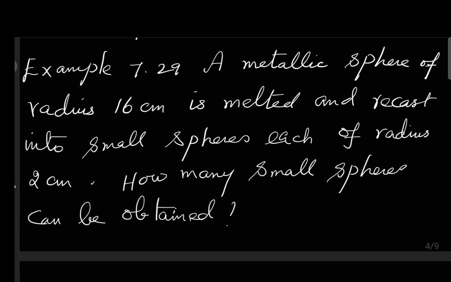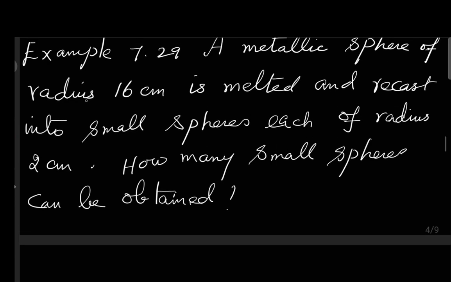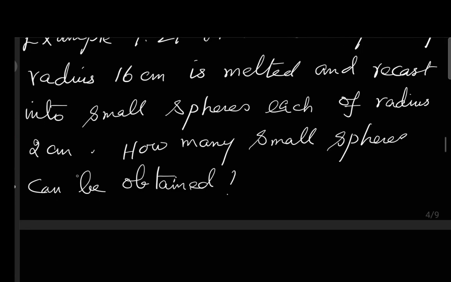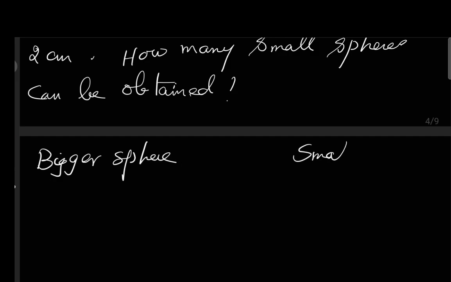In that question, how many small spheres can be obtained? So we differentiate the spheres as the bigger sphere and the smaller spheres, because both have different radii.